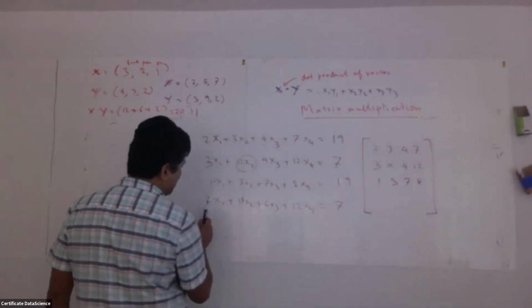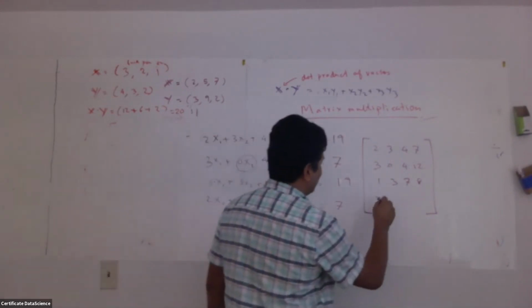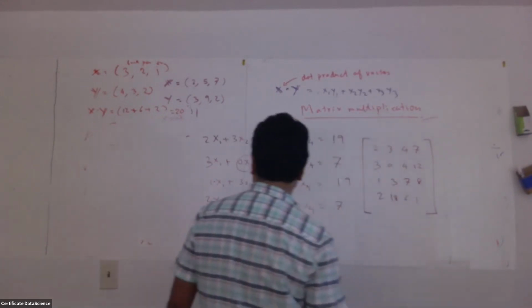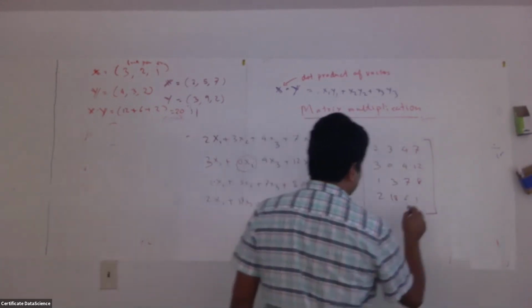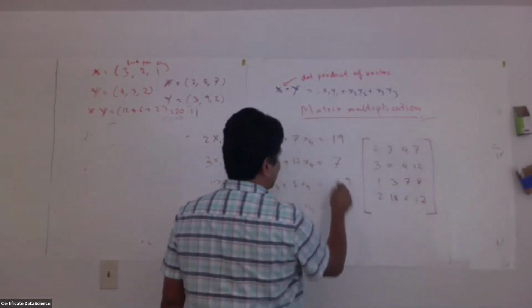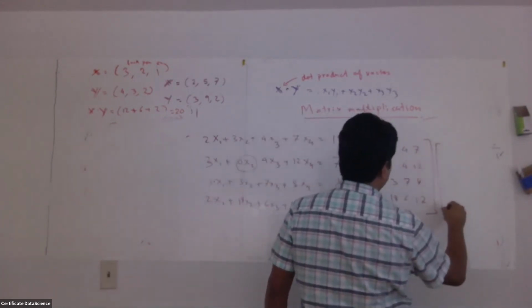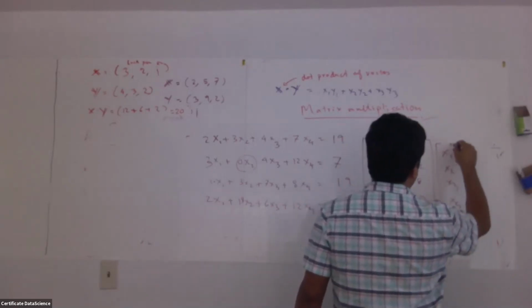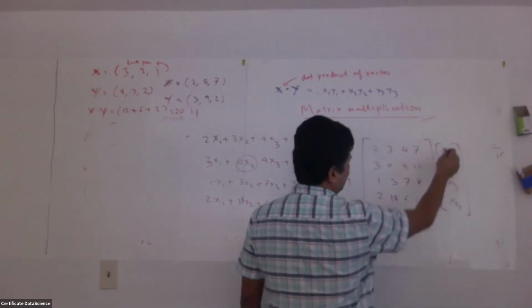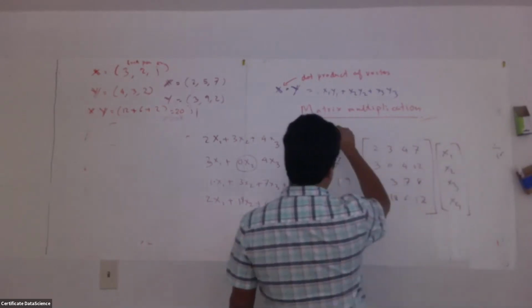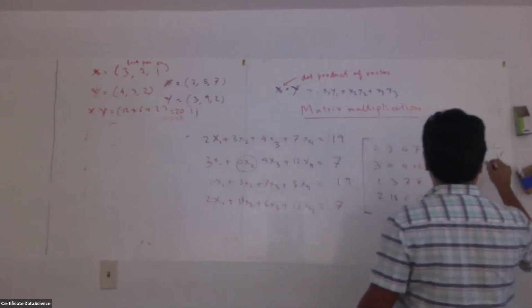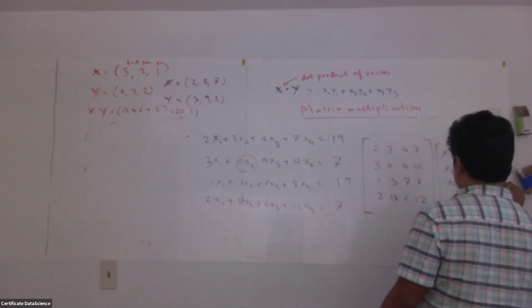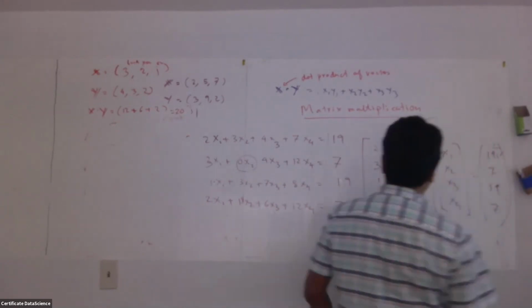Then 2, 1, 6, 9, 12. Now I write x1, x2, x3, x4. That's a vector or another 4 by 1 matrix. And then I write like these guys, 19, 7.